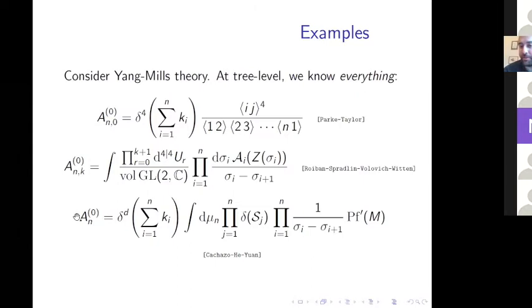Because these are tree-level expressions, they're perfectly well-defined. So that statement about the S matrix for a massless theory not existing is in some sense a non-perturbative statement. It doesn't mean that you can't still define the perturbative S matrix order by order, and that isn't a non-zero quantity. So that's one point.